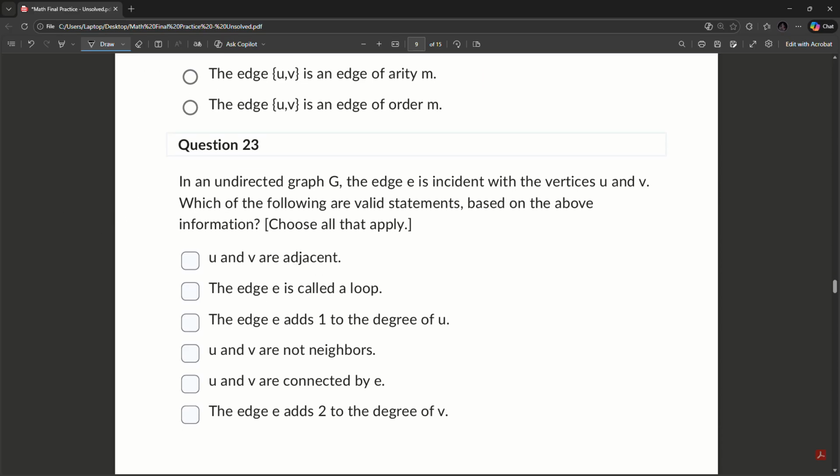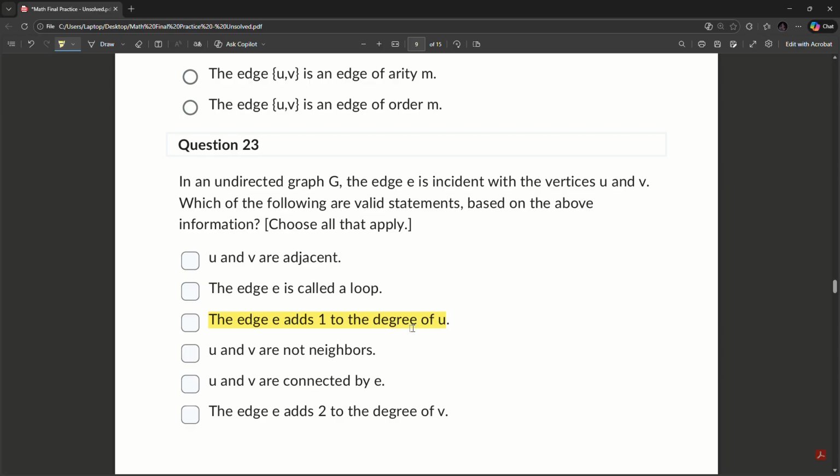Now then, for question 23, right? In an undirected graph G, the edge E is incident with the vertices U and V. Which of the following are valid statements based on the above information? Choose all that apply. So edge E adds 1 to the degree of U. That basically means there is a line.